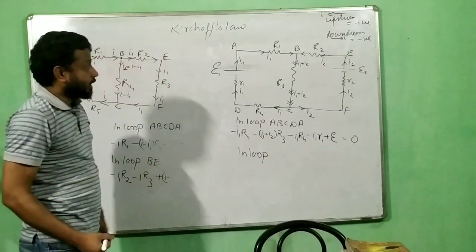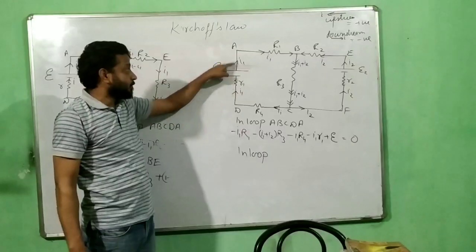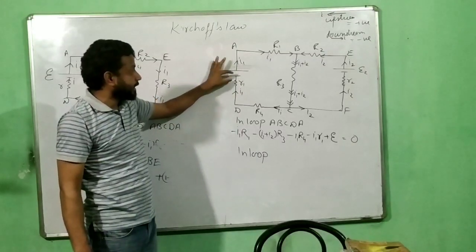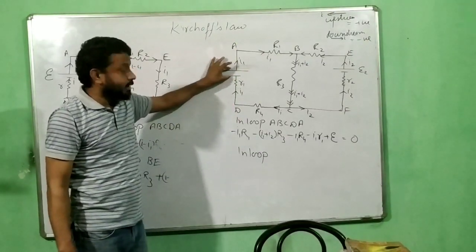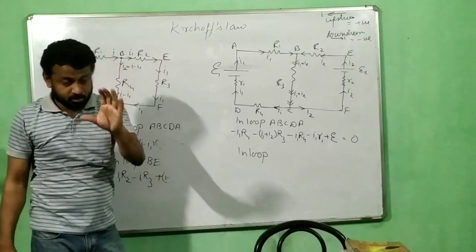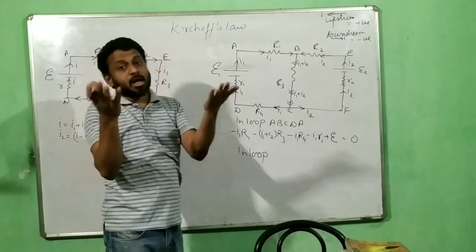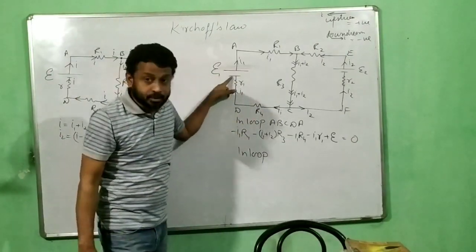Now some of you may ask: I am still moving in the direction of current, so why am I taking this as positive and not negative? Remember, in a battery we follow a different rule, because a battery is a source of current. It has an inbuilt high potential and low potential. The positive terminal is high potential, negative is low potential.